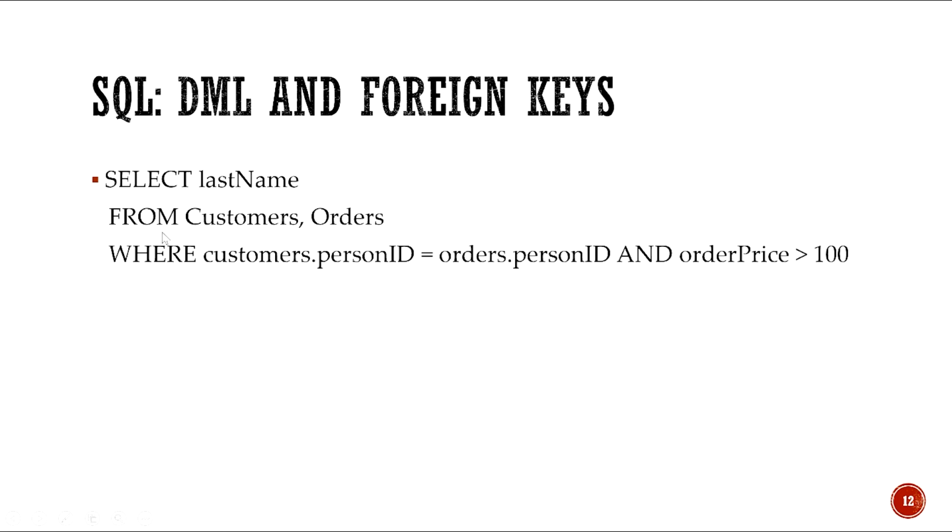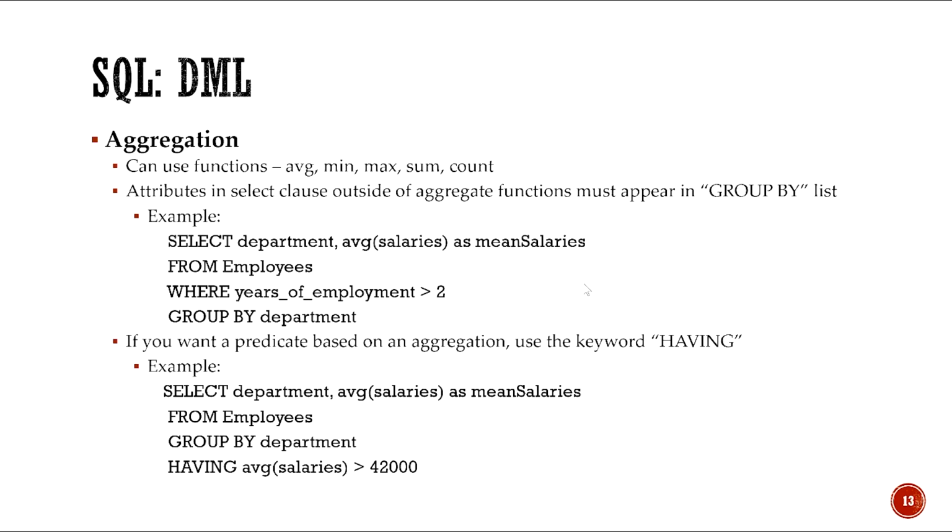And then after the where keyword, we add the condition. Where customers.person ID is equal to orders.person ID and order price is greater than 100. So that's how we can query information from 2 tables, which are connected through a foreign key.